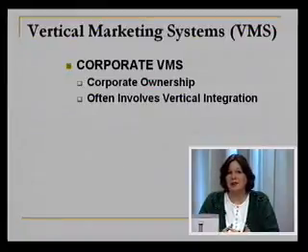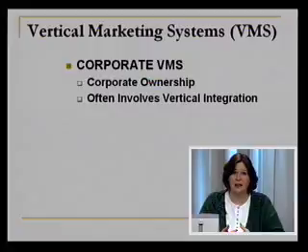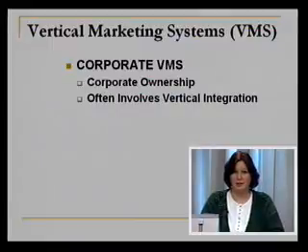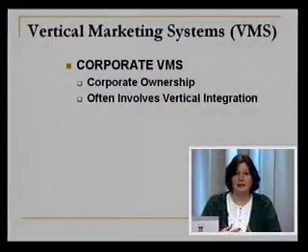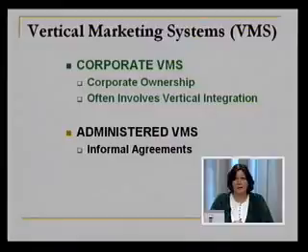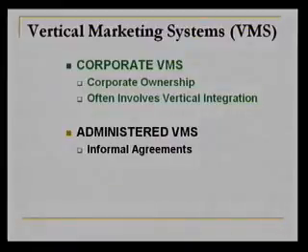Many times this involves vertical integration, and that is when one channel member purchases another. For example, a retailer may purchase one of their suppliers, or a producer may decide they want to go into retailing, and so they purchase a retailer. That's vertical integration.